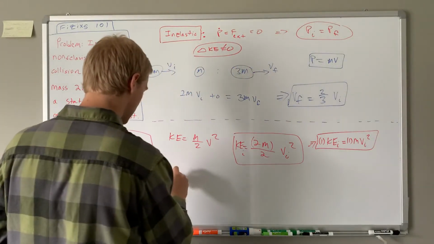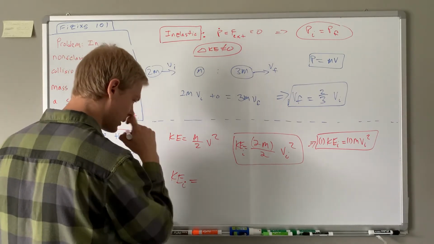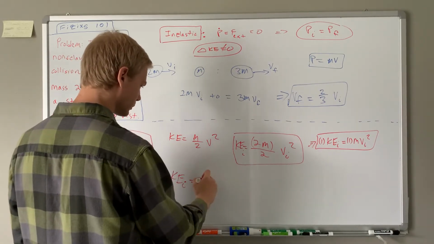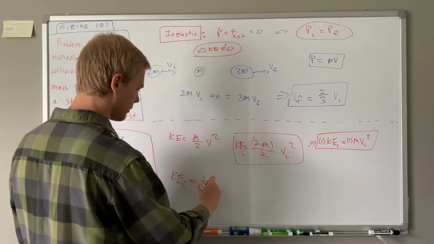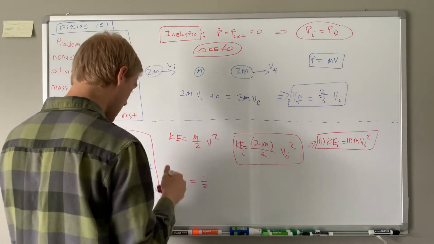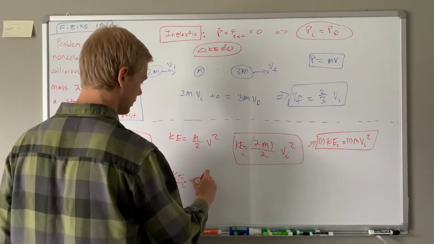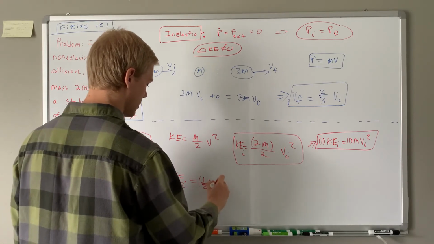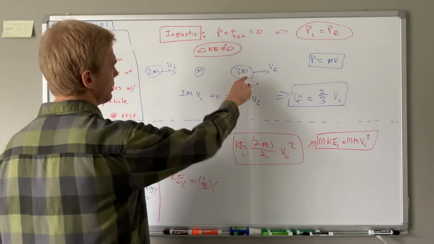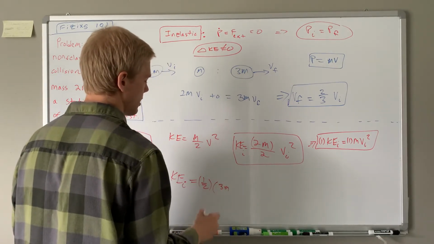So for the final kinetic energy, some energy was lost, and it ends up being 1/2 times the mass. What's the mass in the end? It's 3m.